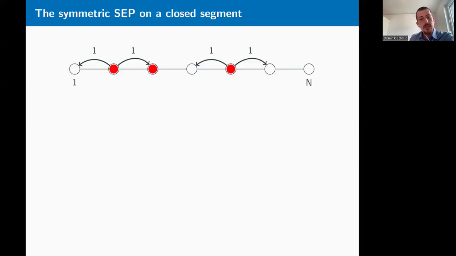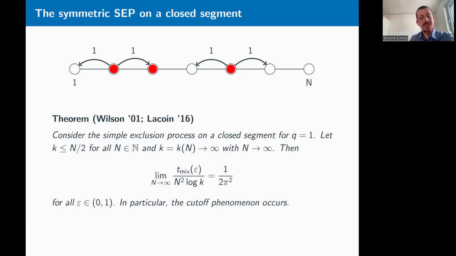And maybe just to state again, because I guess Evita was also saying having some open questions, I'd like to have them rather early on. So if you want, you can also think in the meantime, if you have some idea how to prove it. So we do know for the symmetric simple exclusion process on the closed segment that cutoff occurs. So it's again of order n squared log k. The lower bound is due to David Wilson, the upper bound is due to Hubert Lacoin.